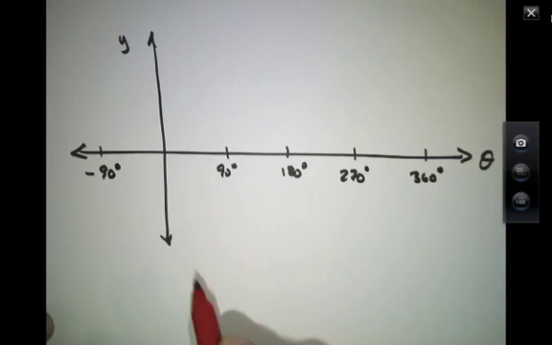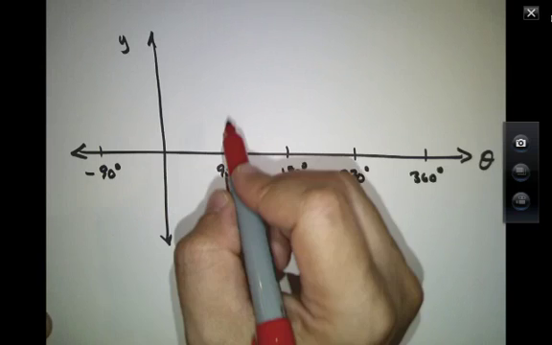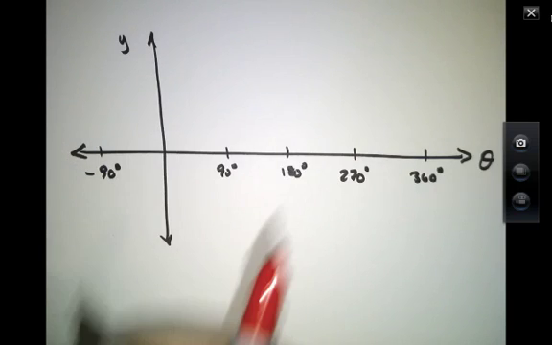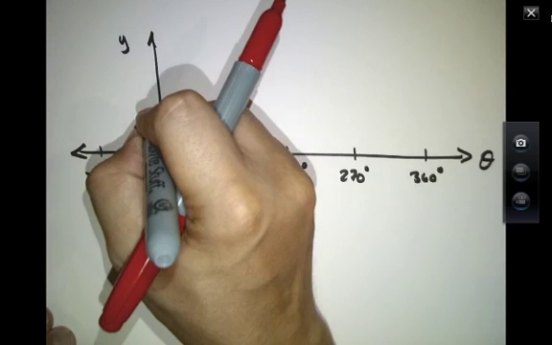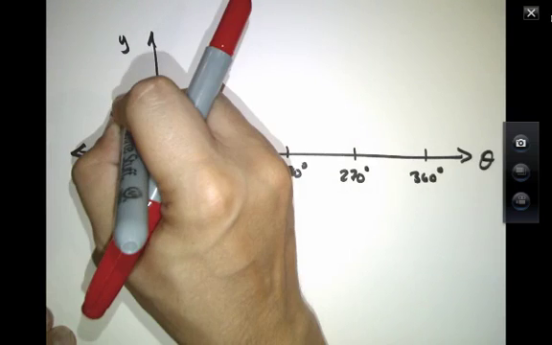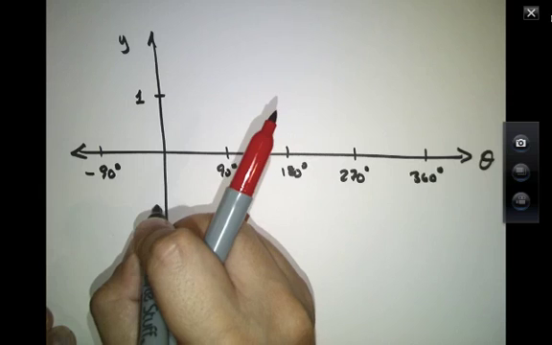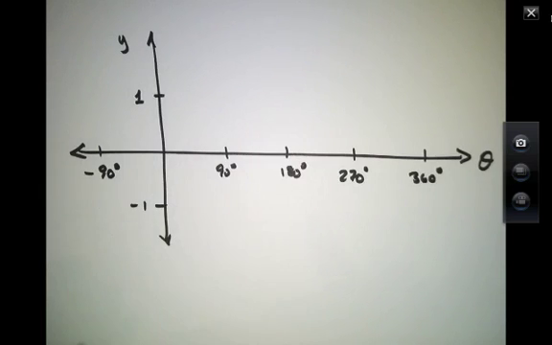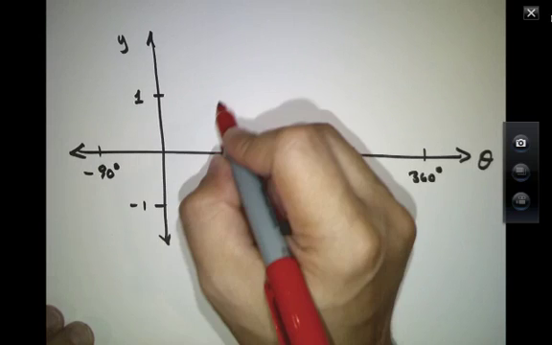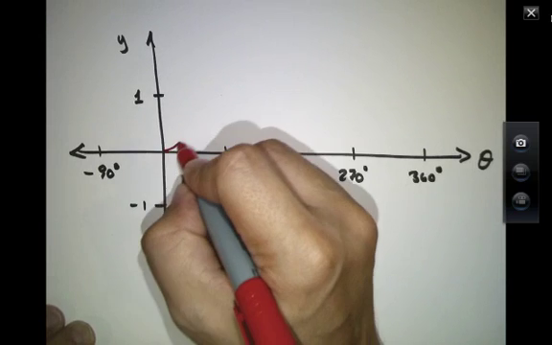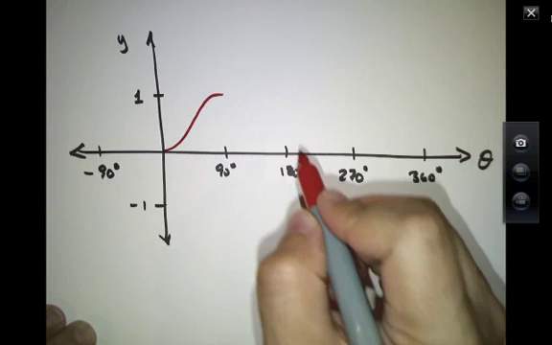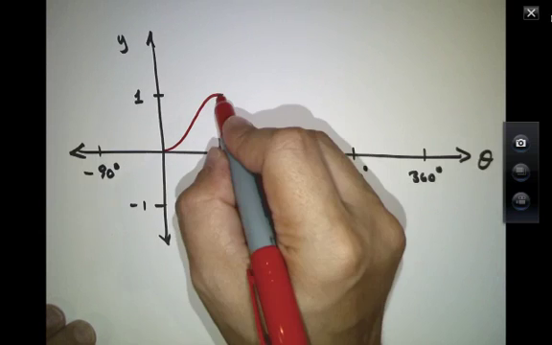So the sine function starts out at 0, but grows larger. It does something like this. And at 180 degrees, the sine function goes to 0 again.